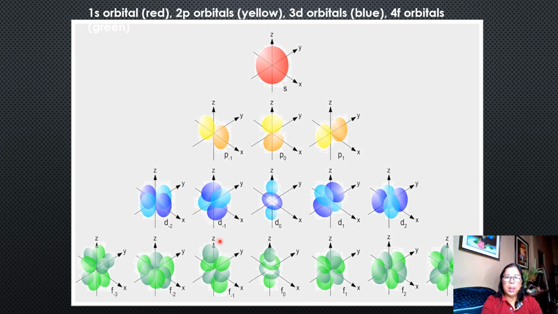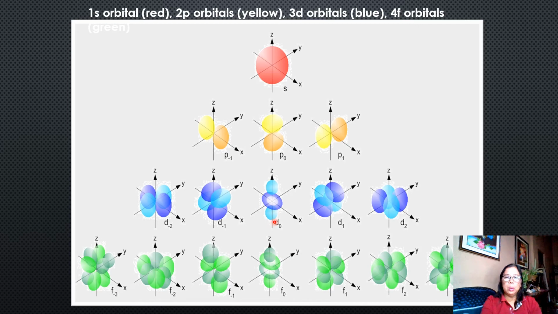For negative 1, the main lobes are positioned in y. Can you see that? Y. And where is this position with? Z.